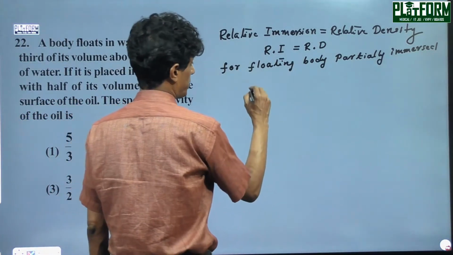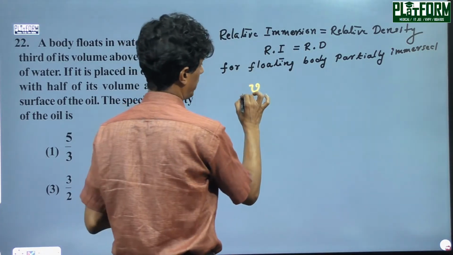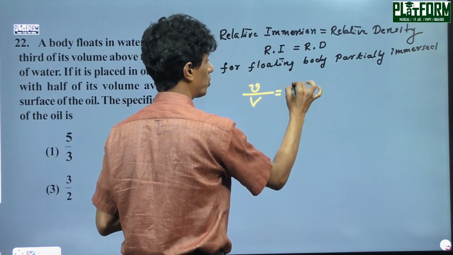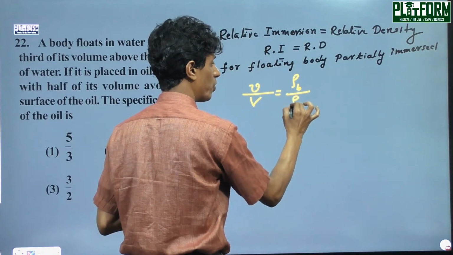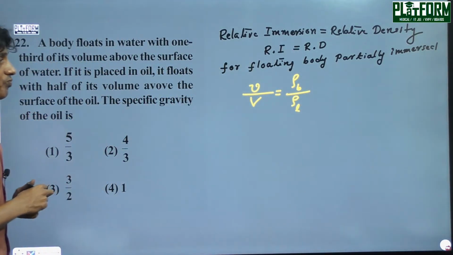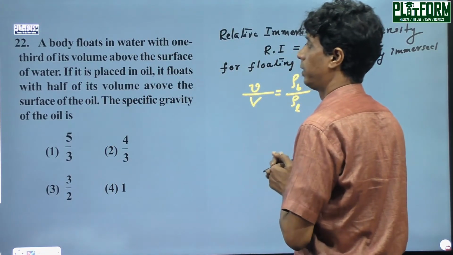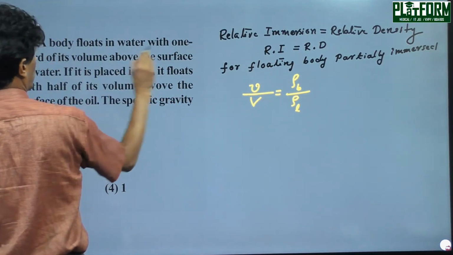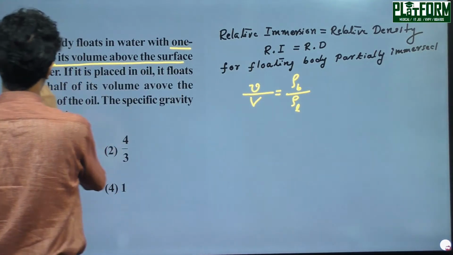Relative immersion means the volume of the body immersed by the total volume of the body, and relative density is equal to the density of the body floating by the density of the liquid. It is given 1/3 of its volume is above the surface of water.